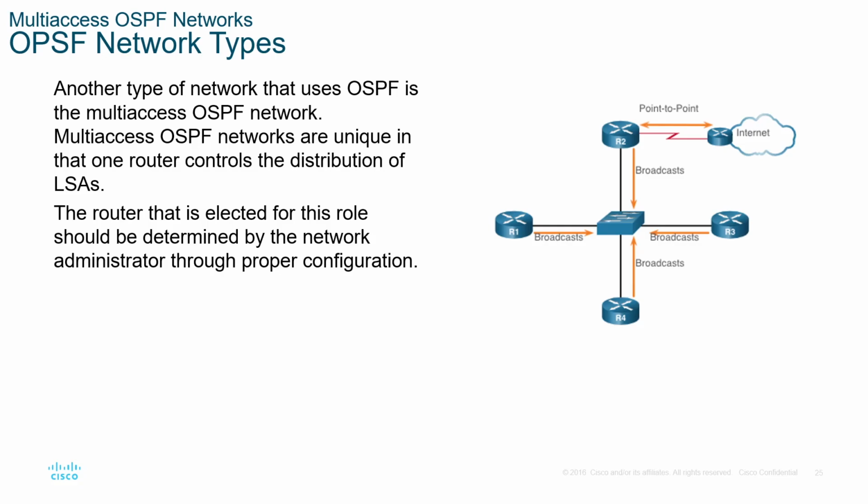Did you get it? So for example, if you have 4 routers, and this one is the DR, this one is the backup designated router. This one is adjacent with the DR, this one is adjacent with the DR, this one is the same thing. So this guy will propagate the LSAs here and here. These LSAs will go to the DR and will come back to this guy. So this guy will still know information from this router.